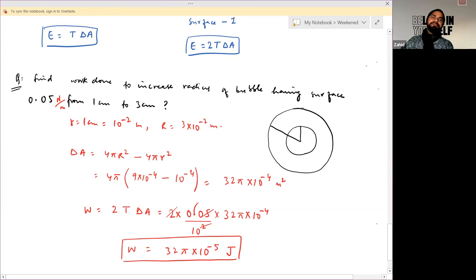Is it clear? Wahid, do you have any doubt?